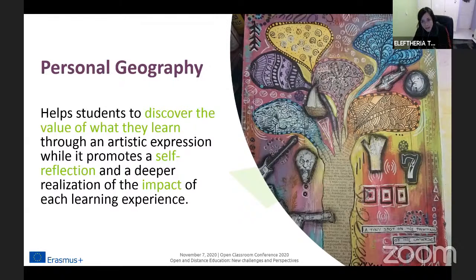So basically, it's a self-reflection activity that will help them put everything together in a meaningful way for them, make sense of what they're learning based on their own understanding and their personal learning style. And this way, we aim to have a bigger impact on the learning experience.